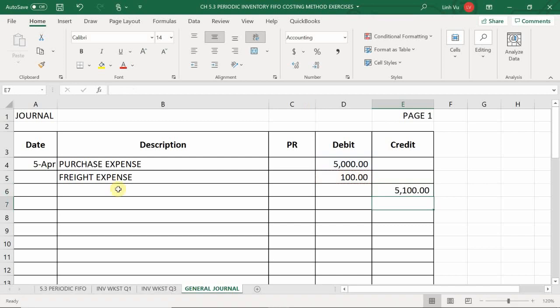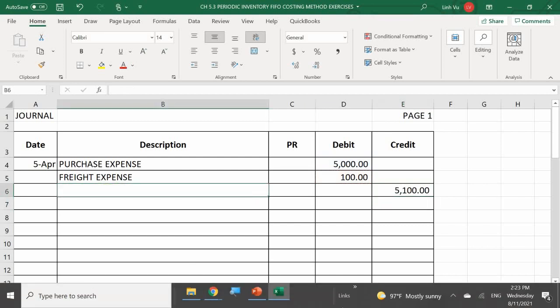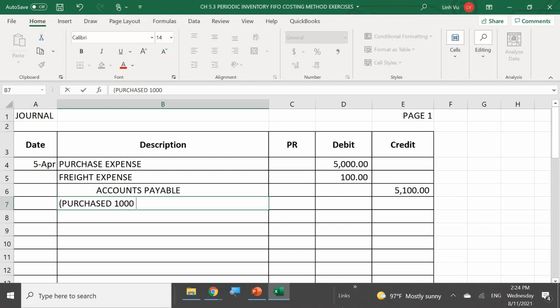And then what account name am I going to use? How did I pay for it? On account. Good. And here I'm going to put a description that I purchased 1,000 units at $5 each.